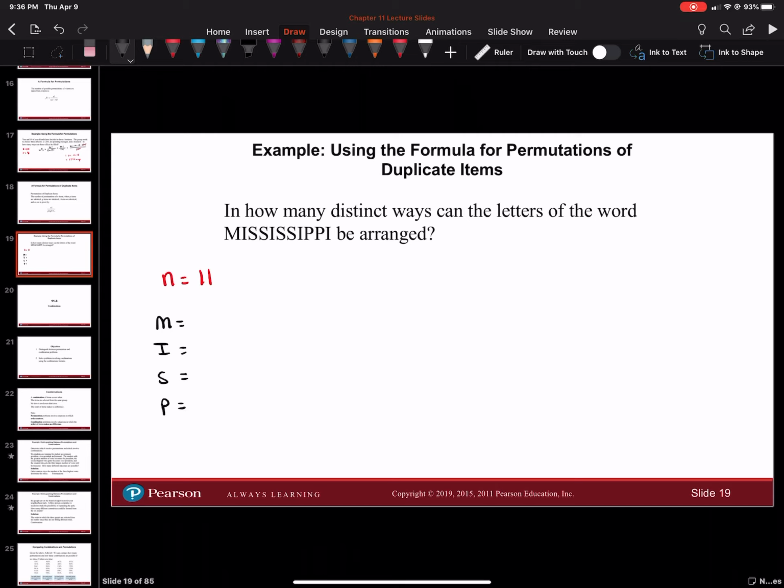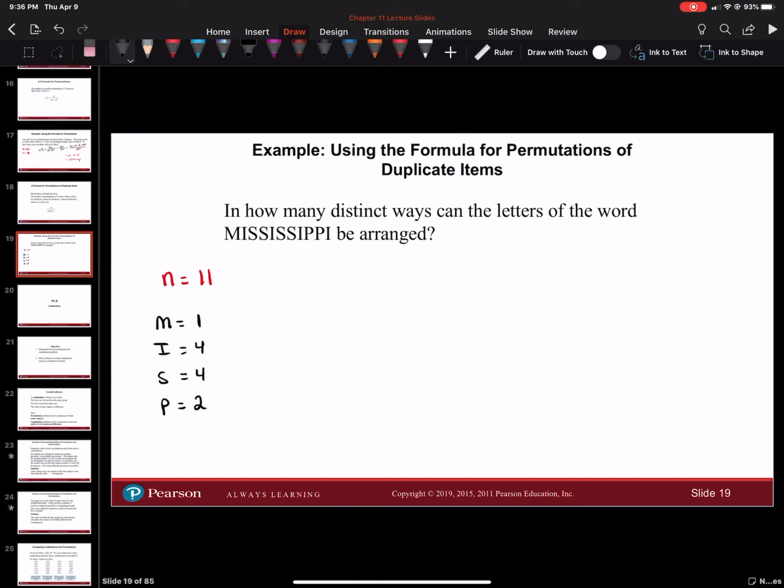How many M's do I have? One M. How many I's? I have four I's. How many S's? I got four S's, and I have two P's. Now, when you add all these numbers up, they should give you 11. If they don't give you 11, then you missed something.